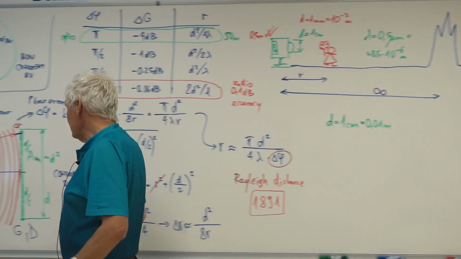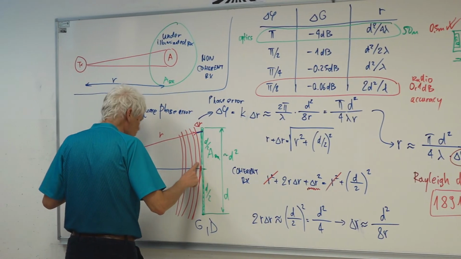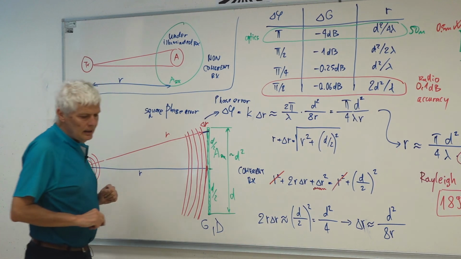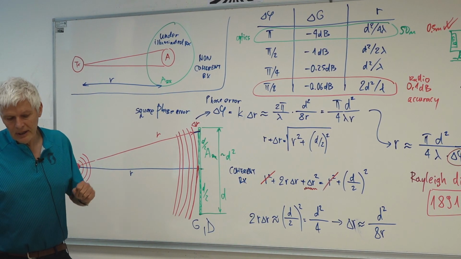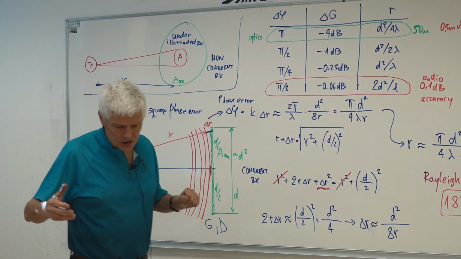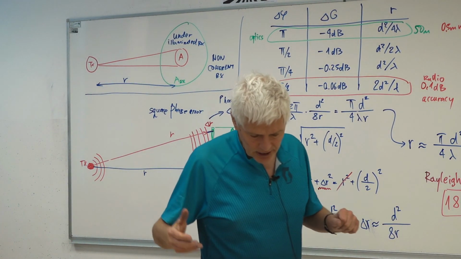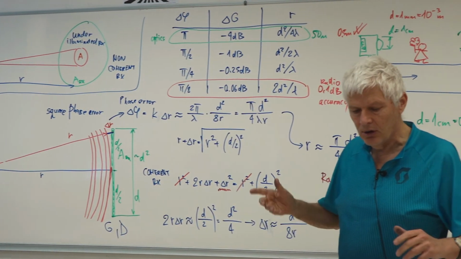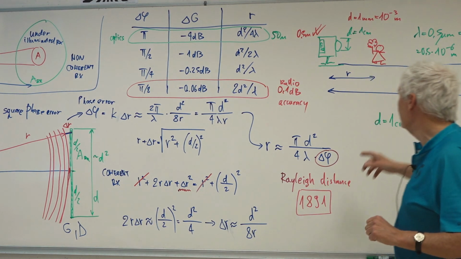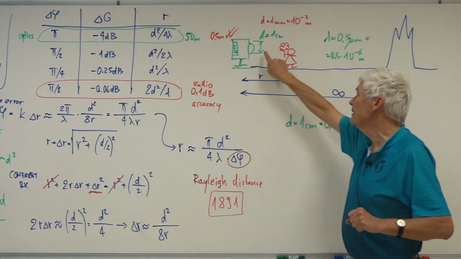If we are measuring our antenna at a distance that is too small, we should correct the focus of our antenna. We cannot do that. We are trying to measure the antenna in the same conditions it's going to work in a real radio communication, so at very long distances. At short distances, your antenna may no longer be focused. We may need to refocus our antenna if our antenna is too large.